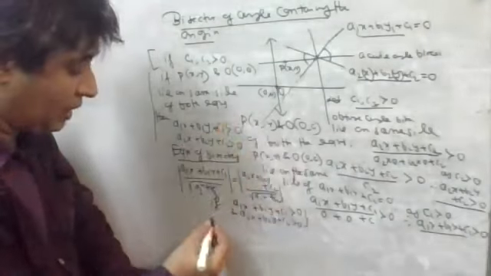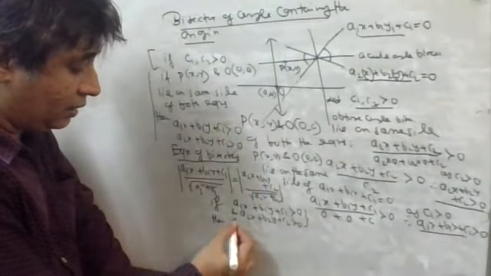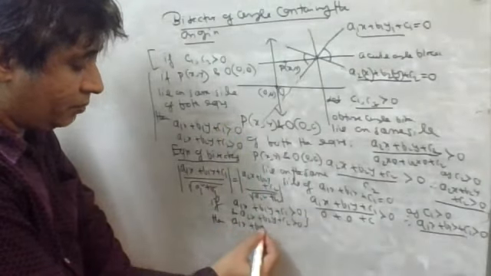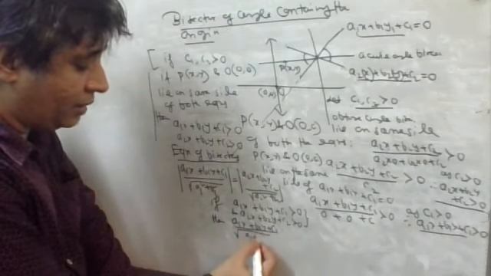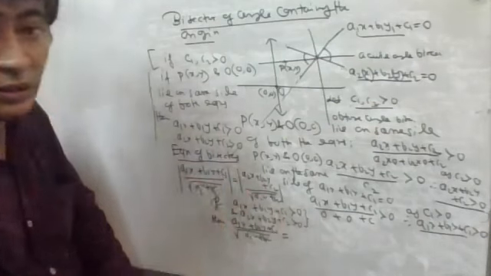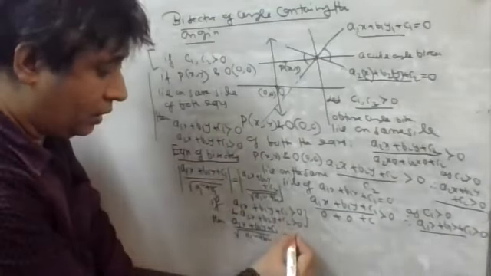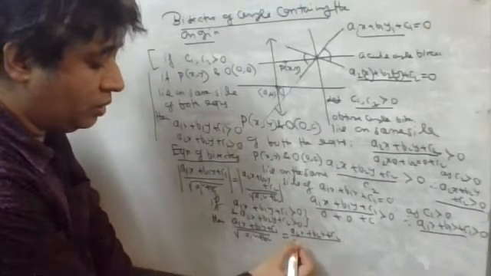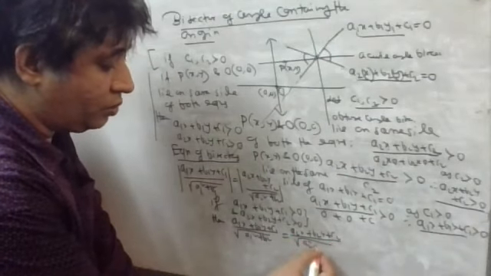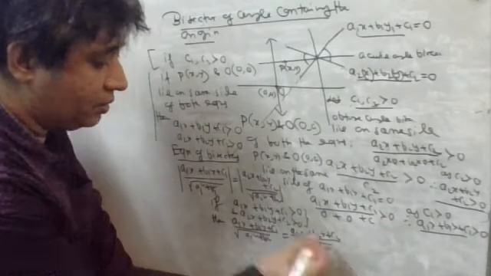then the mod will be removed. Then A1x + B1y + C1 by root over A1 square plus B1 square is equal to A2x + B2y + C2 by root over A2 square plus B2 square.